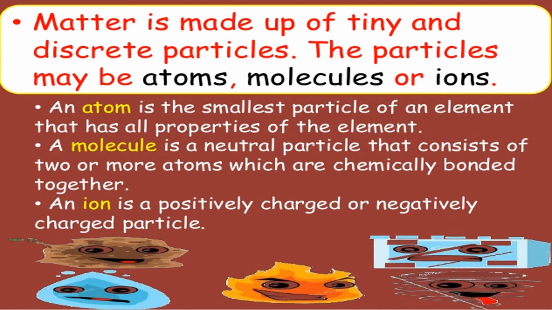So, matter is made up of tiny and discrete particles. The particles may be atoms, molecules, or ions. An atom is the smallest particle of an element. Try to remember this: an atom is the smallest particle of an element that has all properties of the element.